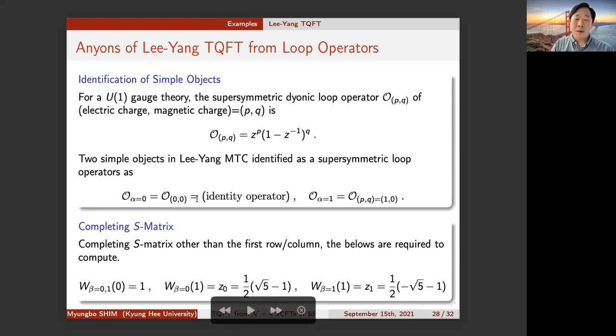So we can easily find what the identity operator is, and we can find the non-trivial one is the electric loop operator.